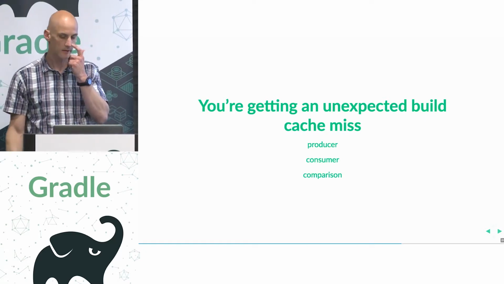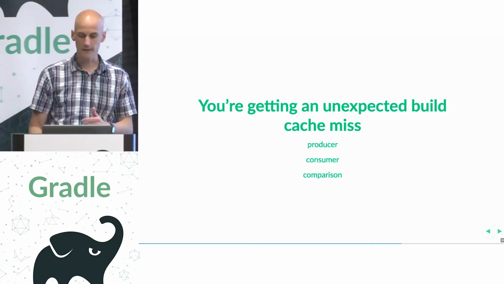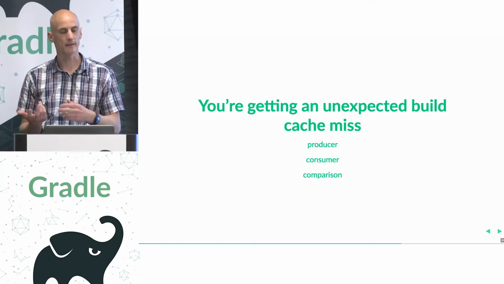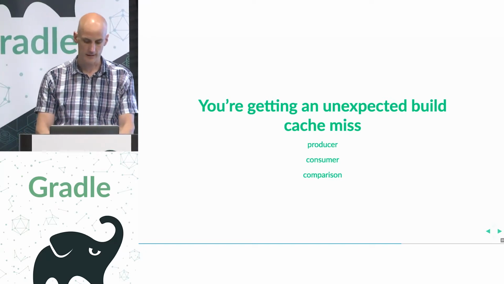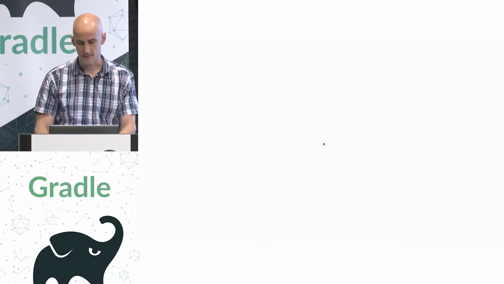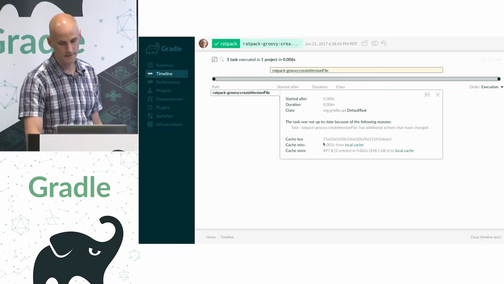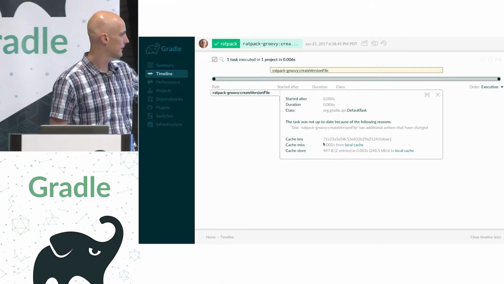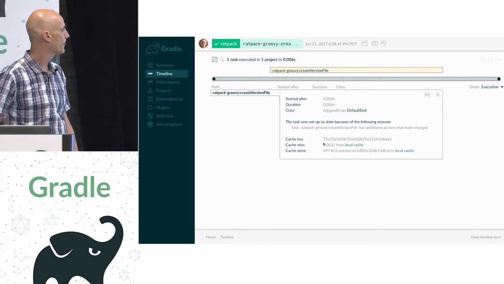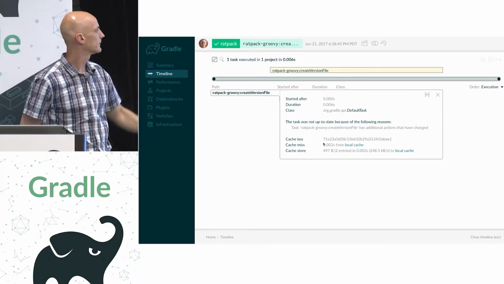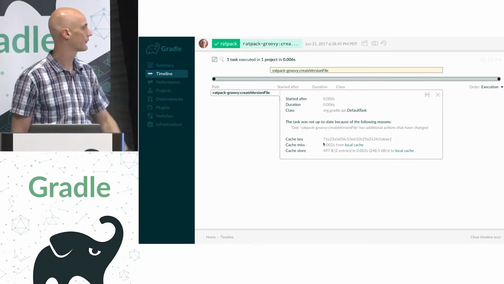Yes, and then we have the scenario, which I'm sure you're going to run into, that you have unexpected cache misses. And then the question is, how do you go about that? So you have one build that puts something in the cache, and what you see is the cache key. You see that it's a store, and you see that it stored it to the local cache.